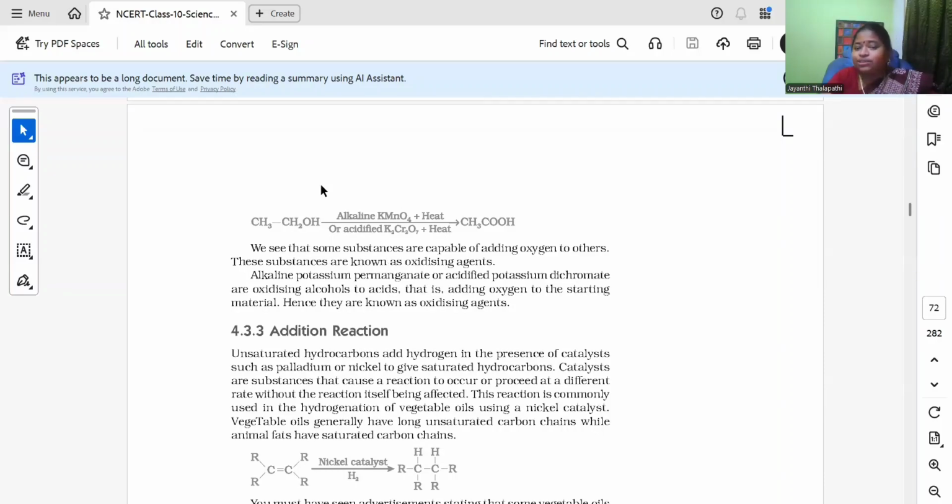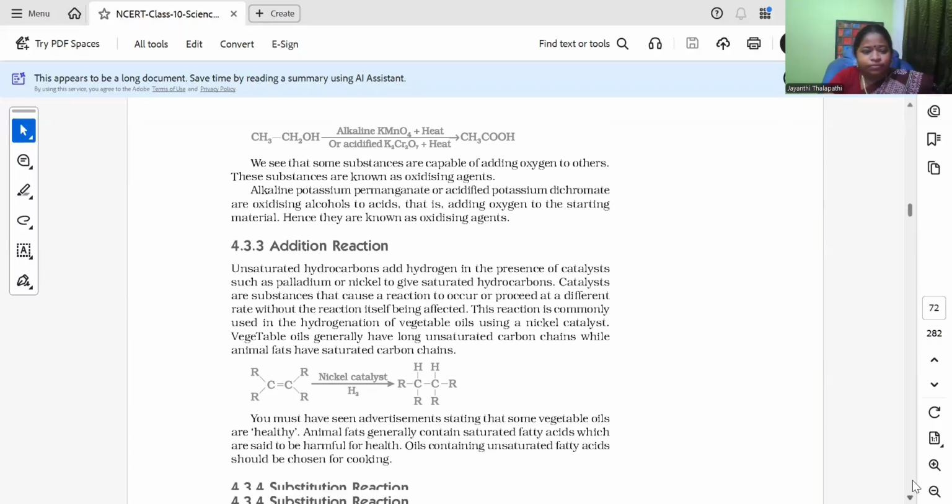Alcohol is oxidized to acid. Actually, alcohol is oxidized to aldehyde, and aldehyde is oxidized to acid, but they didn't show that step here. This leads to CH3CHO, an aldehyde, and then to acid. They left out this intermediate and gave the acid straight away, but that's fine. From whatever alcohol, if it's propanol we get propanoic acid, ethanol gives ethanoic acid, methanol gives methanoic acid. You should keep that in mind.